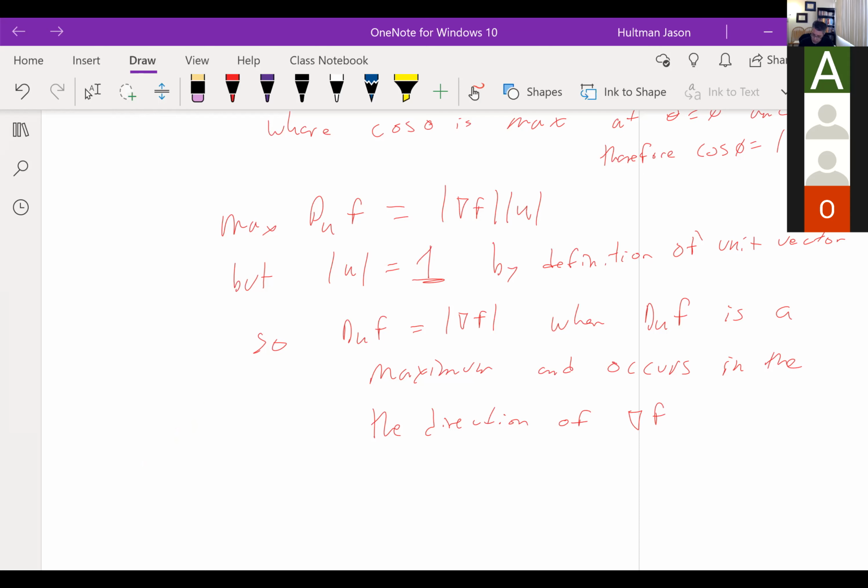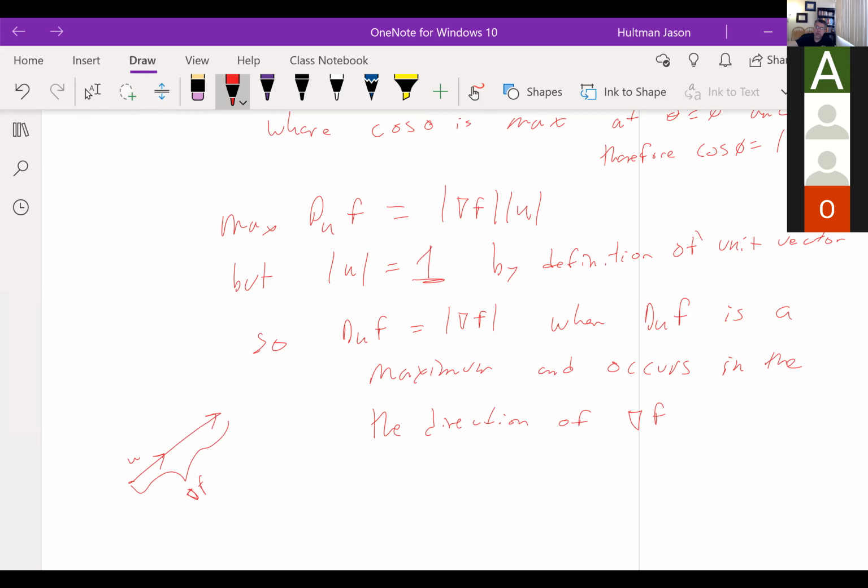Since u and del f were parallel, basically in the same direction, the angle between them is 0, which means the directional derivative is in the direction of u by definition.